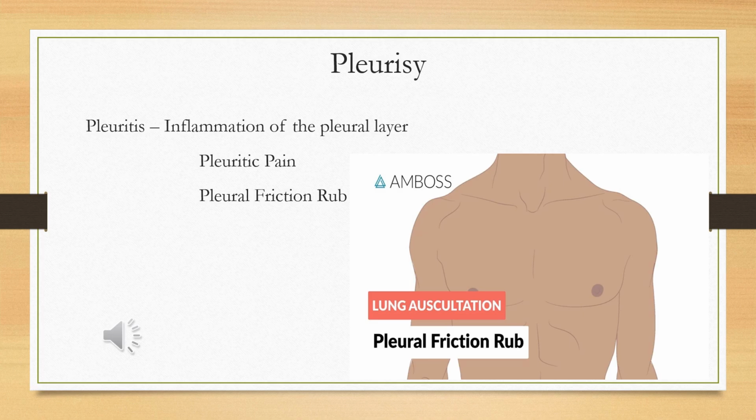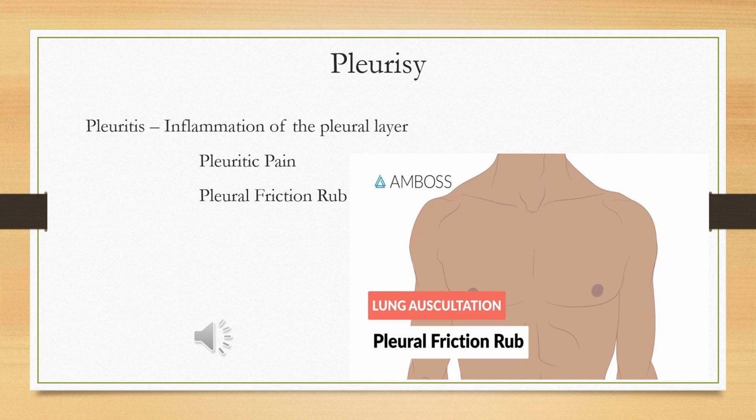Okay, and one way to figure out pleurisy is upon assessment, upon auscultation. If you are following the nursing assessment, you have inspection, percussion, palpation, and then auscultation. When you auscultate someone who has pleurisy, you may hear something called a pleural friction rub.